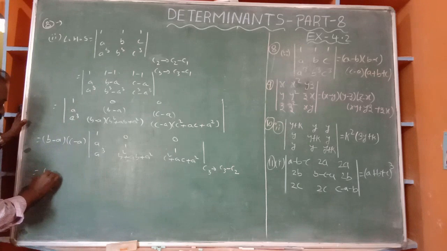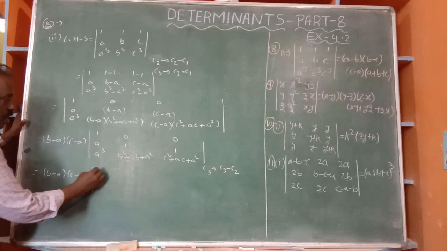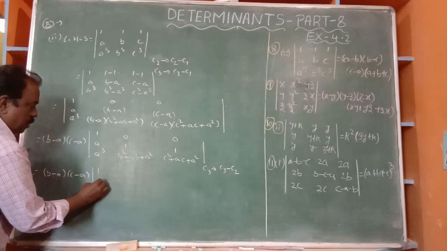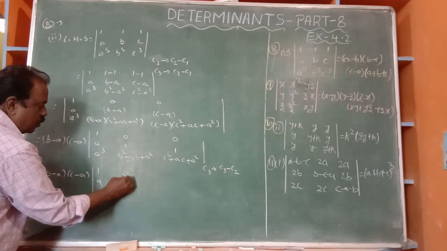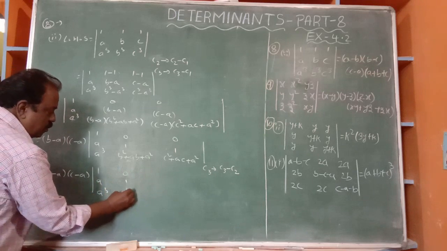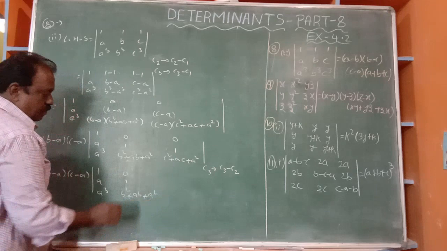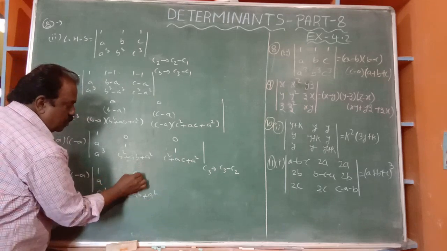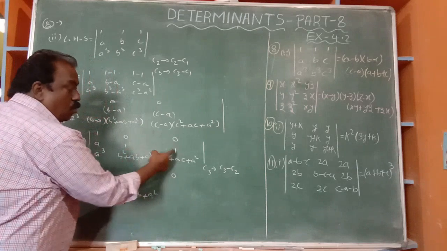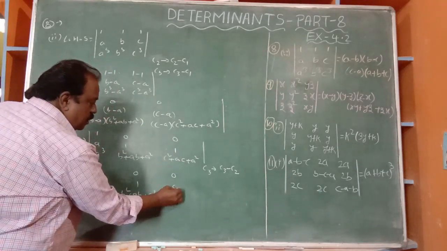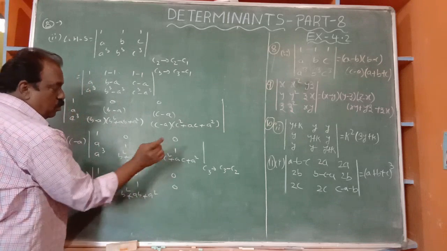So it is (B minus A)(C minus A) times 1, A cube, 0, 1, B square plus AB plus A square, and 0 minus 0 is 0, 1 minus 1 is 0, C3 minus C2.